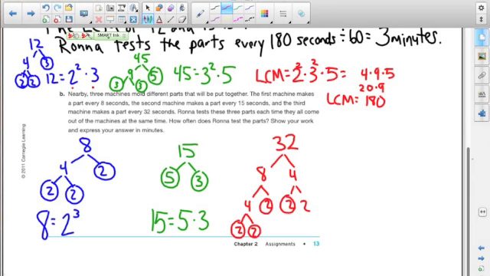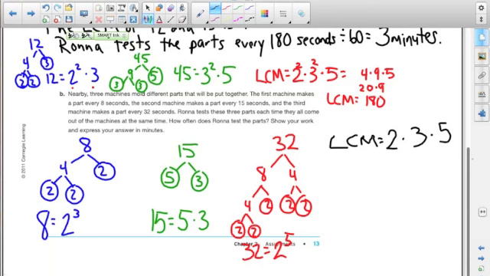So with bigger numbers or numbers that don't have a lower least common multiple, it's better to do the prime factorization. So in this case, I look at all the bases. There's 2's, 3's, and 5's. Then I look at the 2's. The biggest exponent for 2's is to the 5th power, so I make my LCM to the 5th power. Then I look at the 3's, just to the 1st power. My 5's, just to the 1st power.